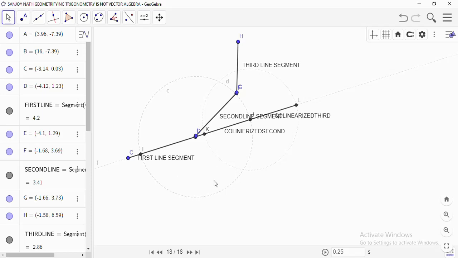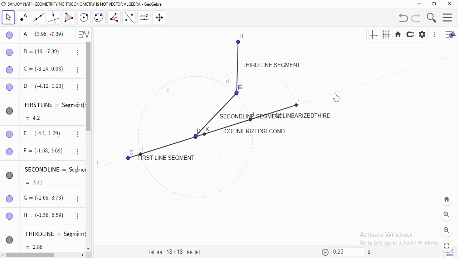For collinearization, we take the first line as the reference direction and we add the lines one after another. The first point of the second line comes to the second point of the first line. In the same way, the first point of the third line comes to the second point of the second line.